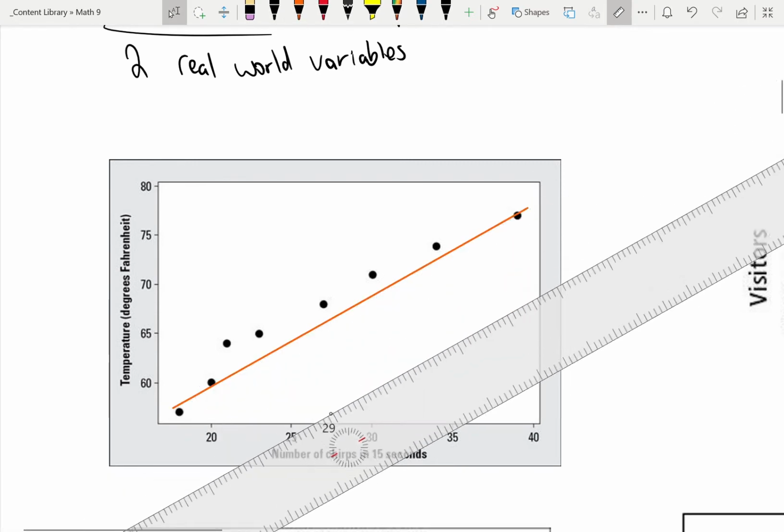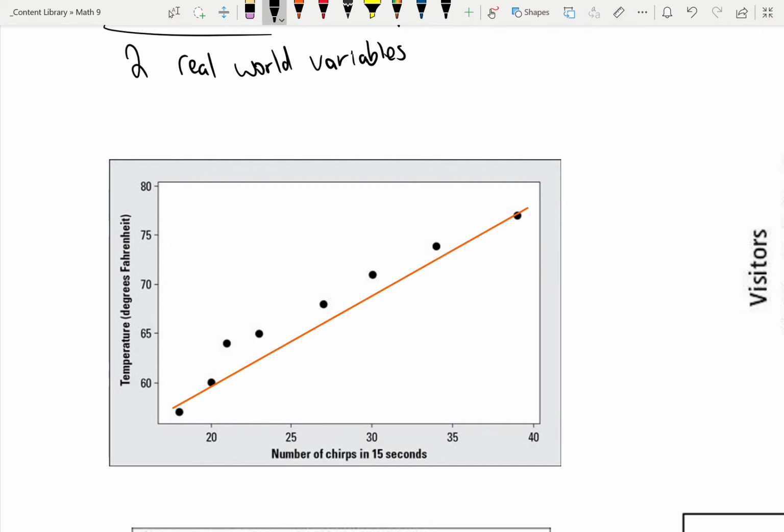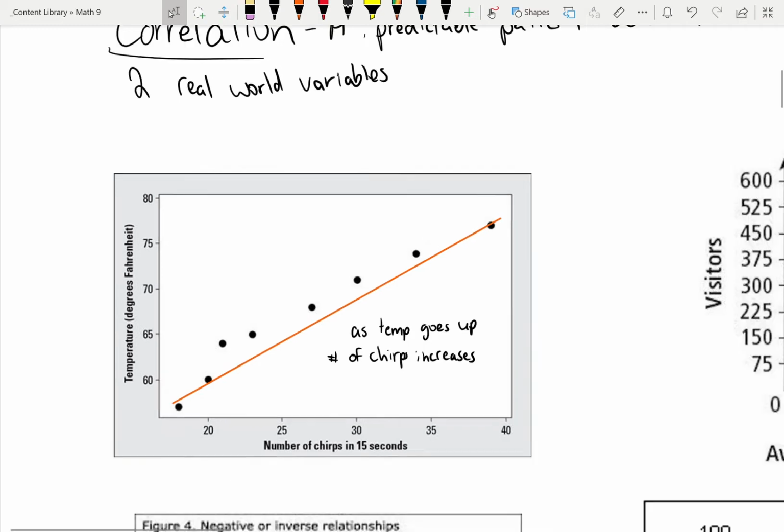I notice that there is a definite line as it goes up, and my y-axis is the temperature. So I can think: as temperature goes up, the number of chirps increases. Or vice versa. As I hear more bird chirping, it's probably a higher temperature.